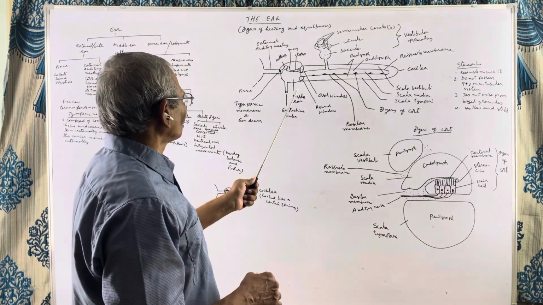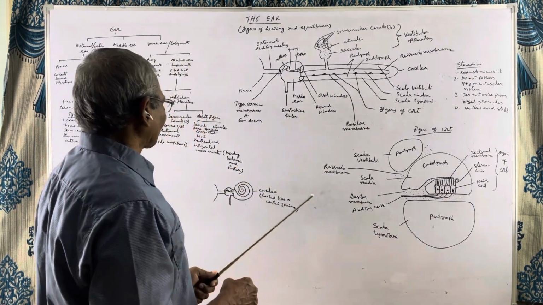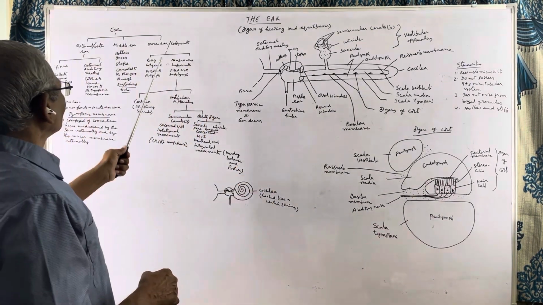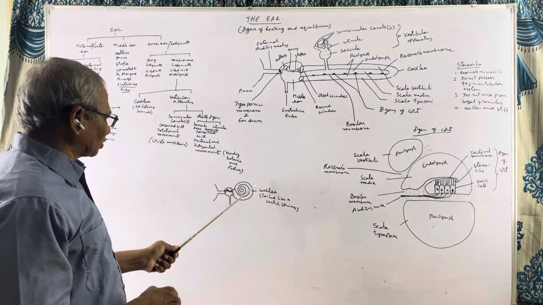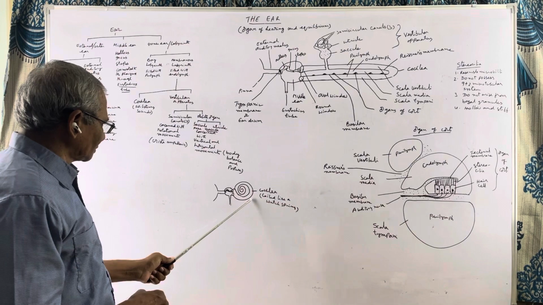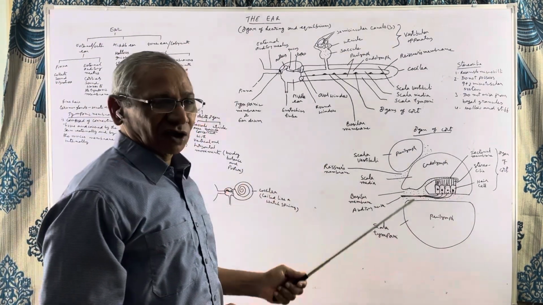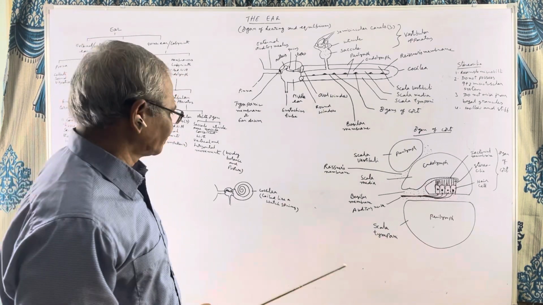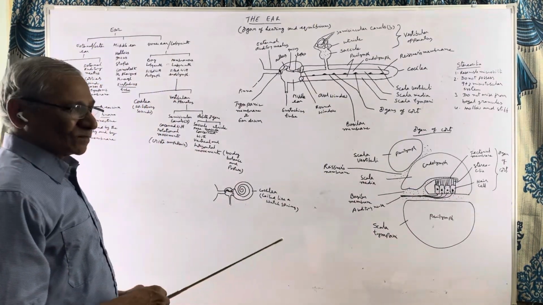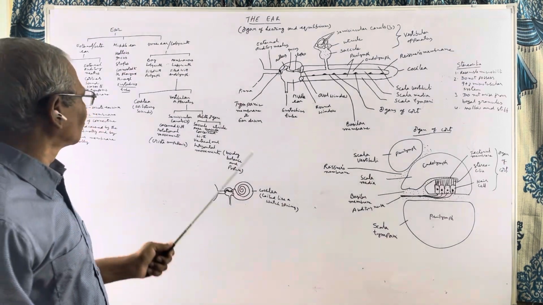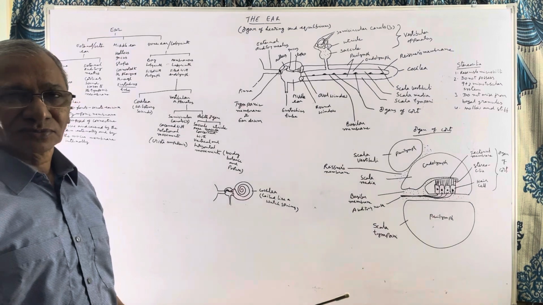Then, from here to here, this is the inner ear or labyrinth. Actually, it looks like this. I will draw this figure for better understanding of its mechanism. The inner ear has two parts, bony labyrinth and membranous labyrinth.